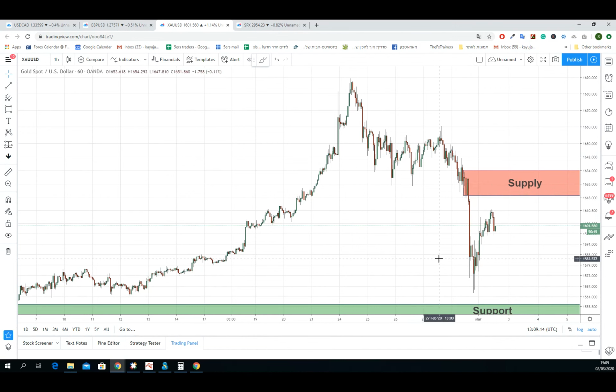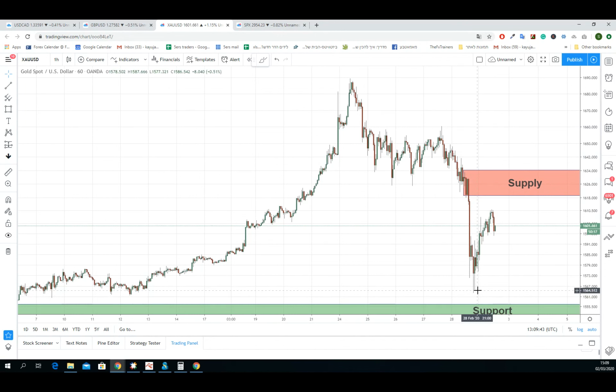We can see also that the price already reached this low here, right? The price succeeded in breaking out of this demand also, which seems like a nice demand. I would expect the price to stay here a little bit, but as you can see, the price broke out all these levels and got all the way to this low here at the bottom.